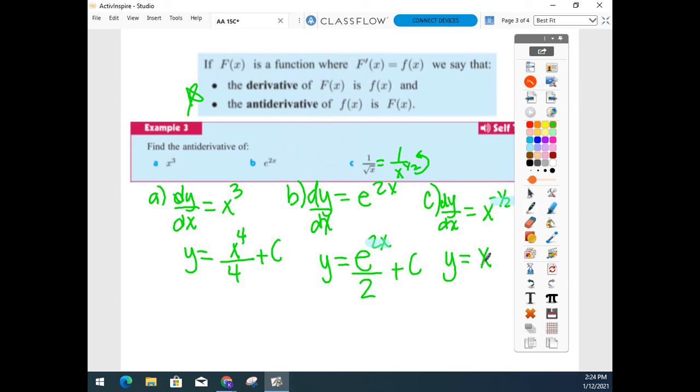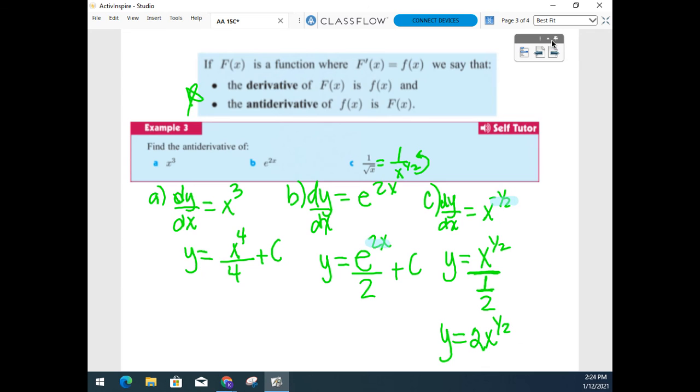So if I have negative 1/2 plus 1, that's a positive 1/2. Then divide out the 1/2. Well, what do we do when we divide by a fraction? We multiply by the reciprocal. So if I'm dividing by 1/2, I'm going to multiply by 2 plus c.